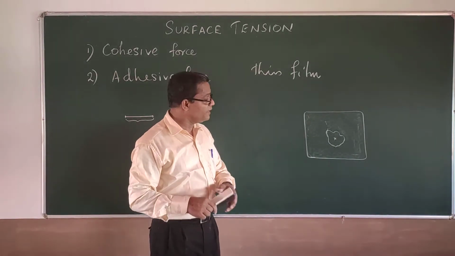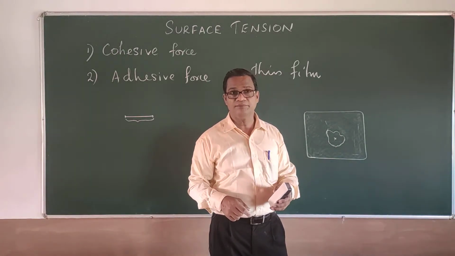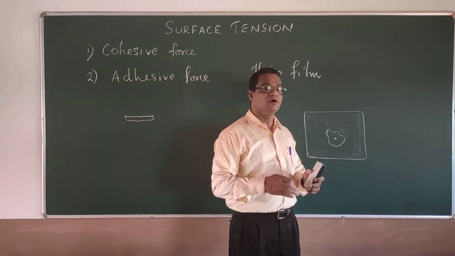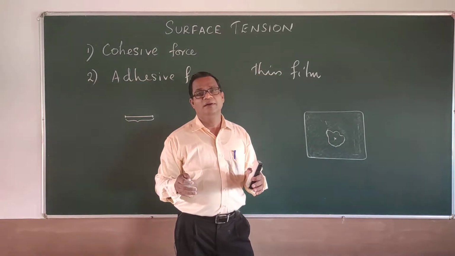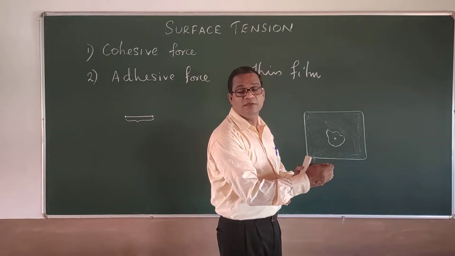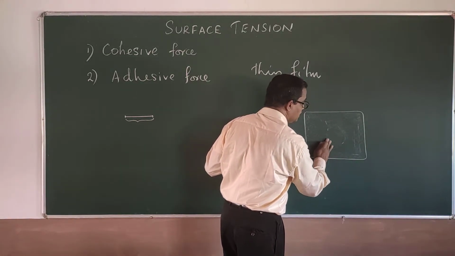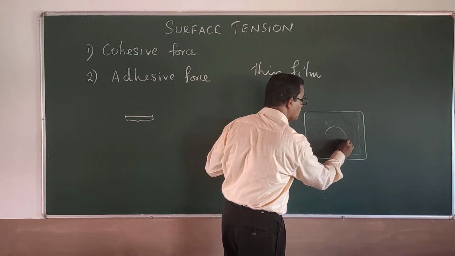The moment I break the film inside the string, what I can see is, some of you might have got that idea now, all of a sudden the irregular shaped string will automatically become circular in shape.